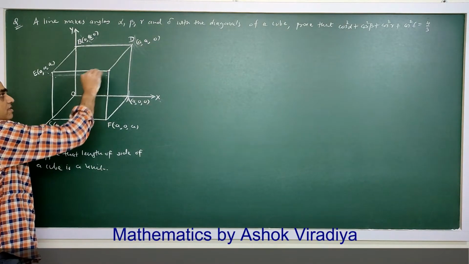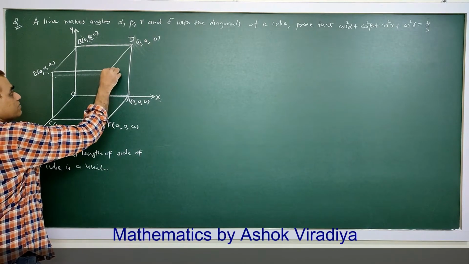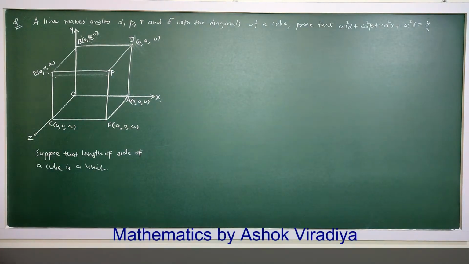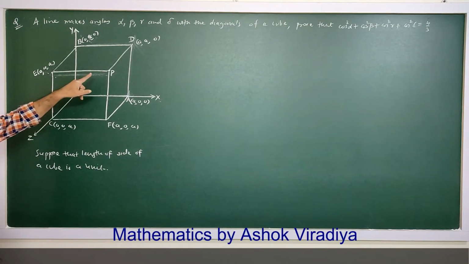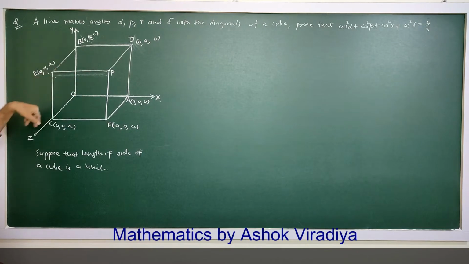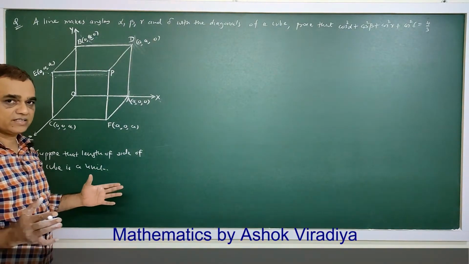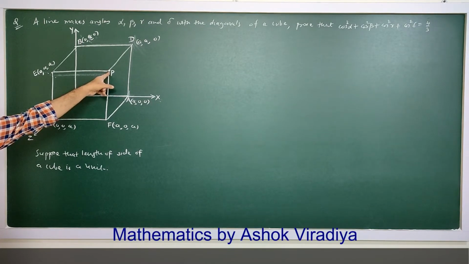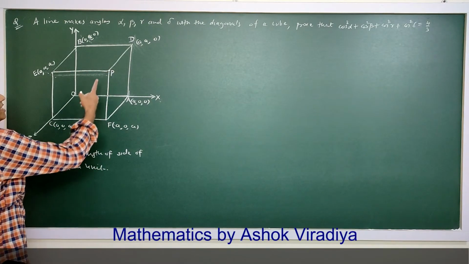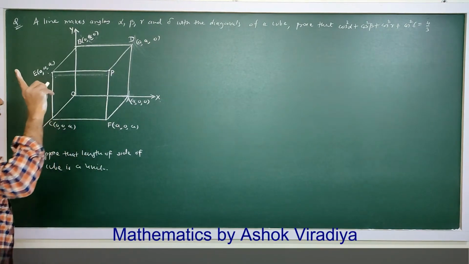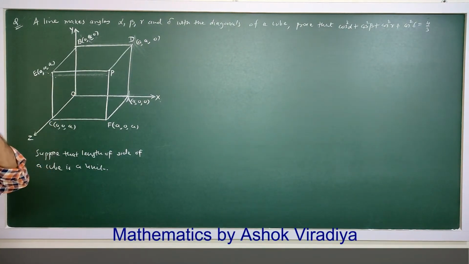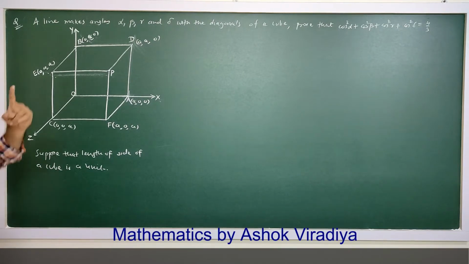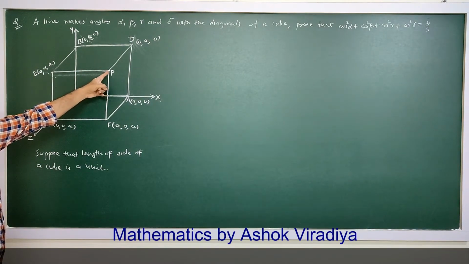And this point, suppose we say this point is P. It doesn't lie on any plane. That means it's not a point on the xy plane or yz plane or xz plane. It doesn't lie on any coordinate plane. So here it is in an octant. So coordinates of P, say its x coordinate. If you imagine, to find the x coordinate of any point in space, what do we do? We take a perpendicular from that point on the x-axis.